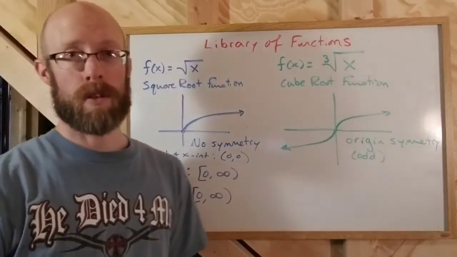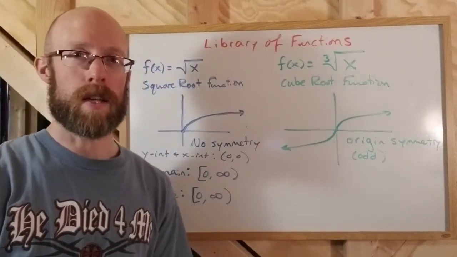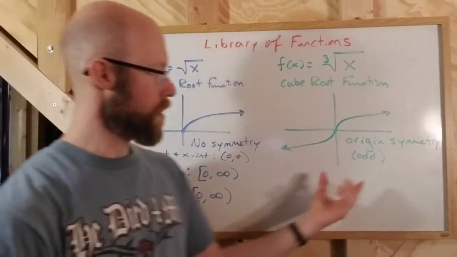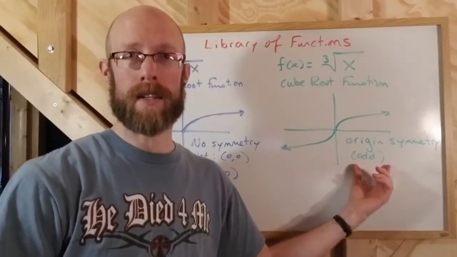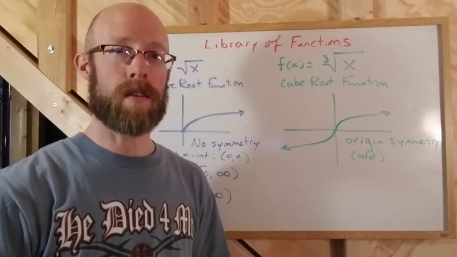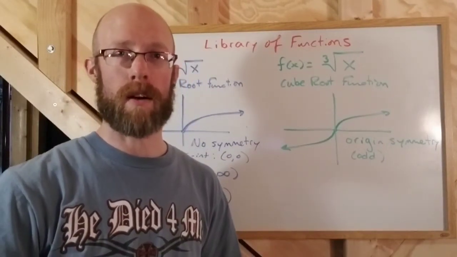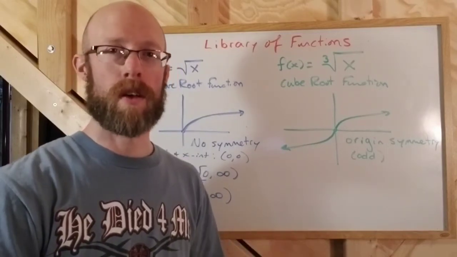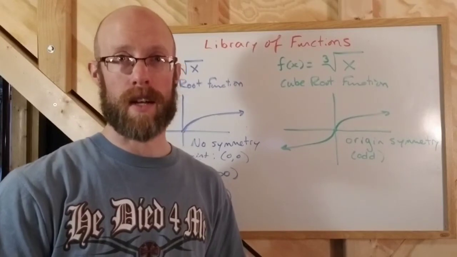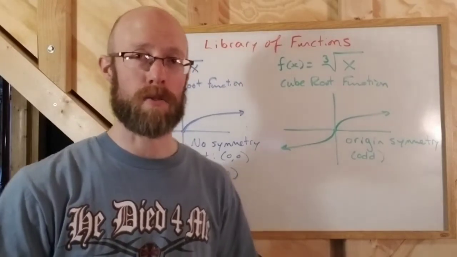One thing I might make a note of here is that you may see some patterns with the odd and even functions. Even functions tend to be things with even powers, right? Our x squared and our x to the 4th. And even our constant function is really an x to the 0, kind of a 0-degree polynomial.